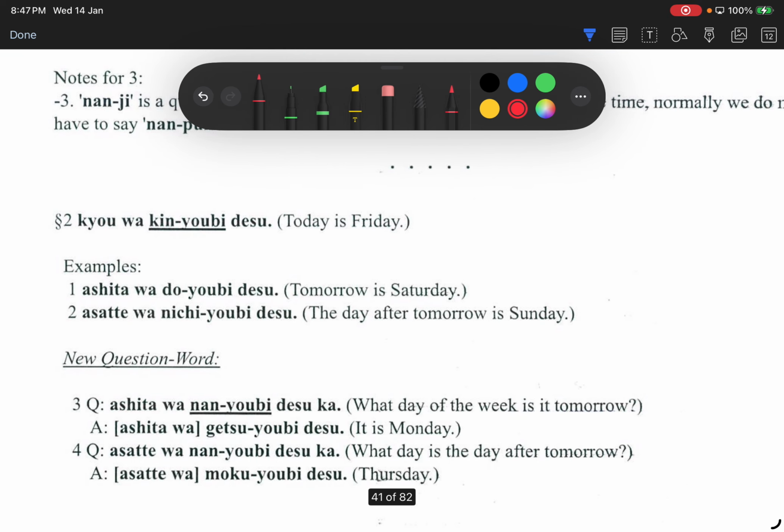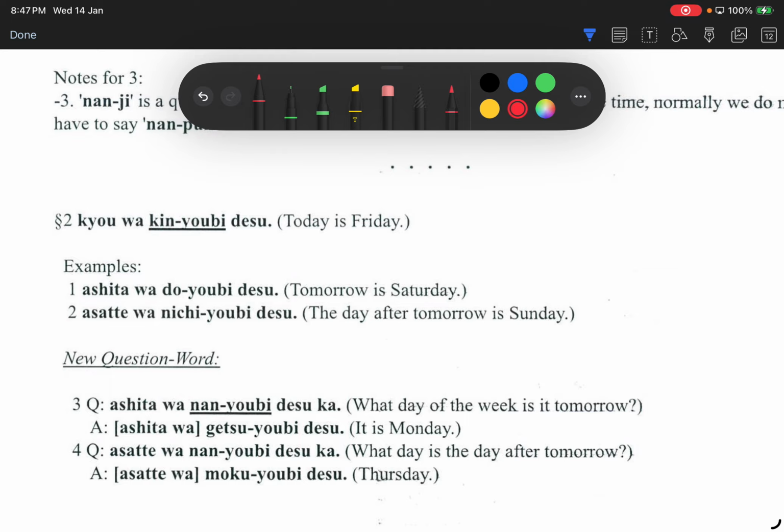Kyou wa kinyobi desu. Kinyobi. Remember the days of the week in the appendix. Check your appendix. They go by the elementals. Their days don't go by numbers like in Chinese, where we say 星期一, 星期二. Instead they go with the elementals.